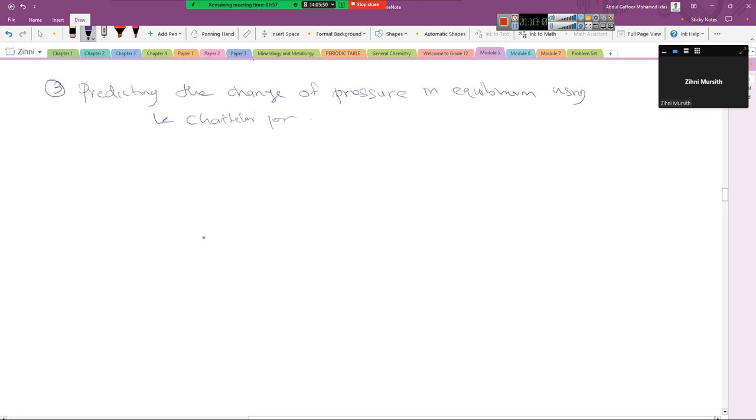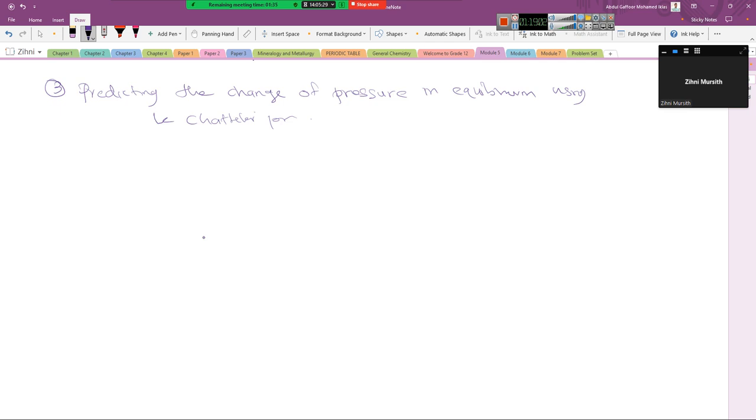Okay, right. Now here you see there are points, right? So the first point, the theory is that when we increase the pressure, the equilibrium will move in the direction in which we have fewer stoichiometric moles, right?